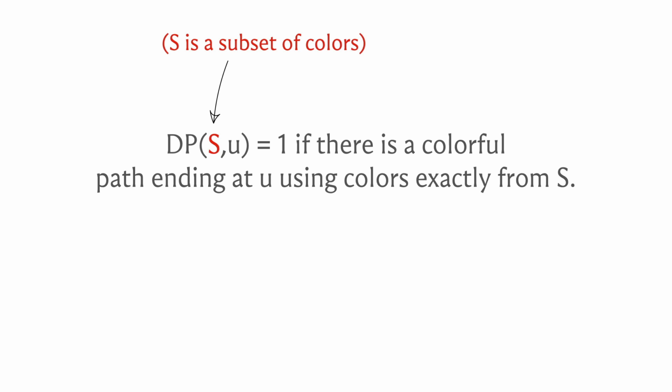And the semantics is that the value is 1 if there is a colorful path ending at U that uses colors exactly from S. So here our notion of colorful is just that colors do not repeat. So you have some path that ends at U using colors exactly from S, which is to say that every color in S is used exactly once. That is the sense in which we want the path to be colorful.